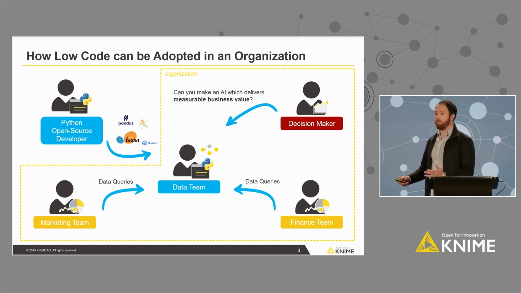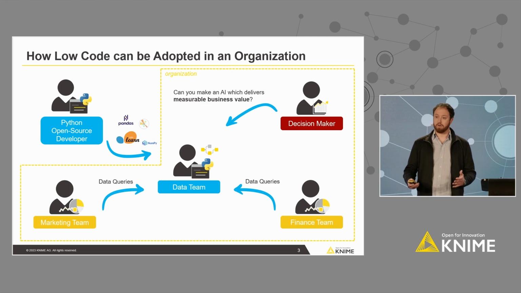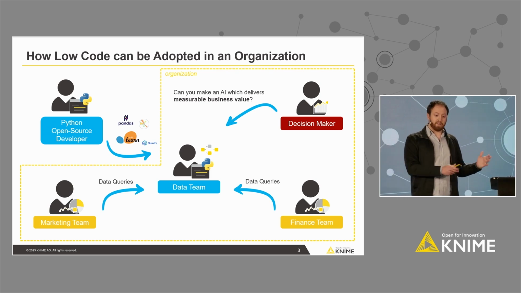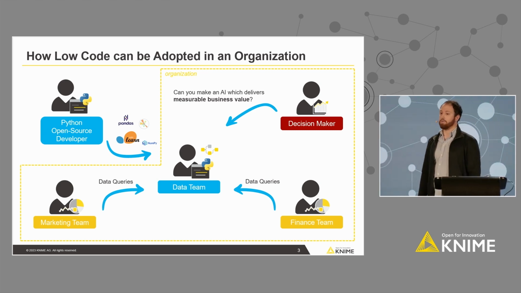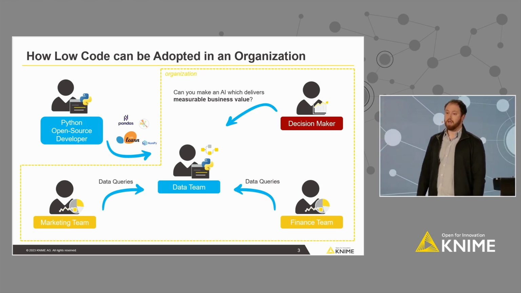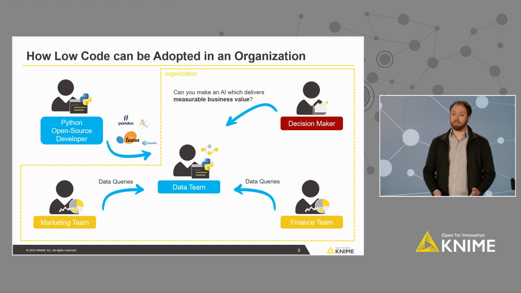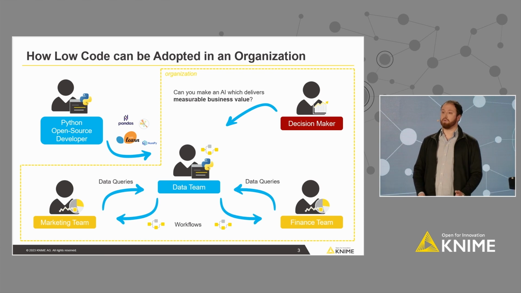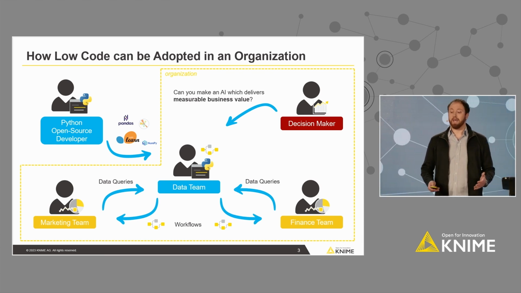So there is a lot of work for the data team, using Python and Knime, low-code, no-code, to respond to all these requests and at the same time work on really advanced stuff. So the solution is to make workflows that can be given to all the rest of the company so that they become independent.